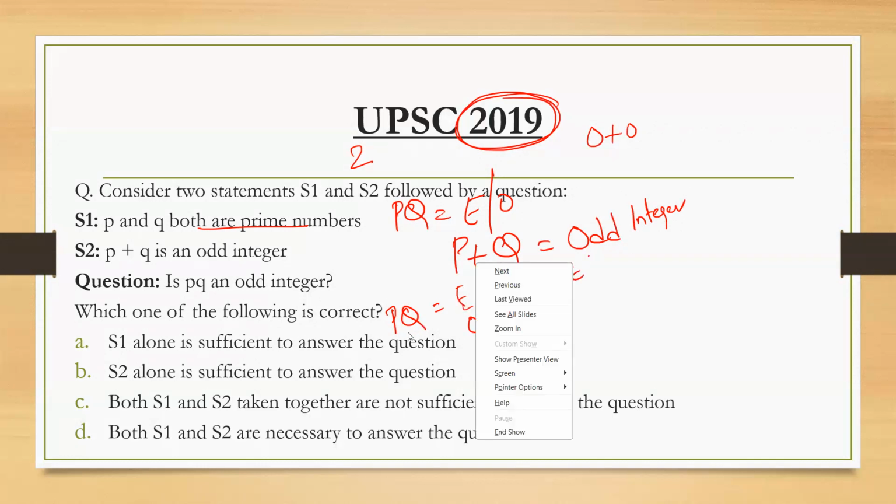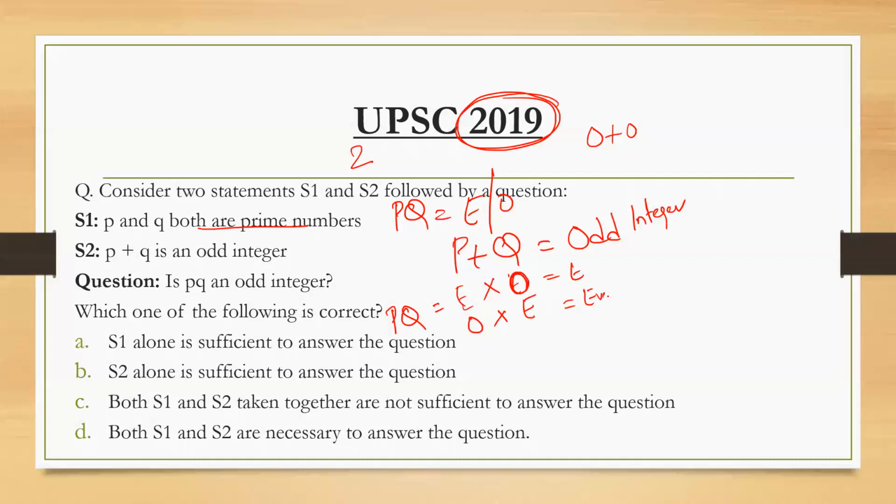Similarly, odd into even will again give me even itself. That means if I consider statement 2 alone, I'm getting PQ as an even integer in all scenarios. So is PQ an odd integer? A definite no I'm getting from statement 2. That means statement 2 alone is sufficient to answer the question.